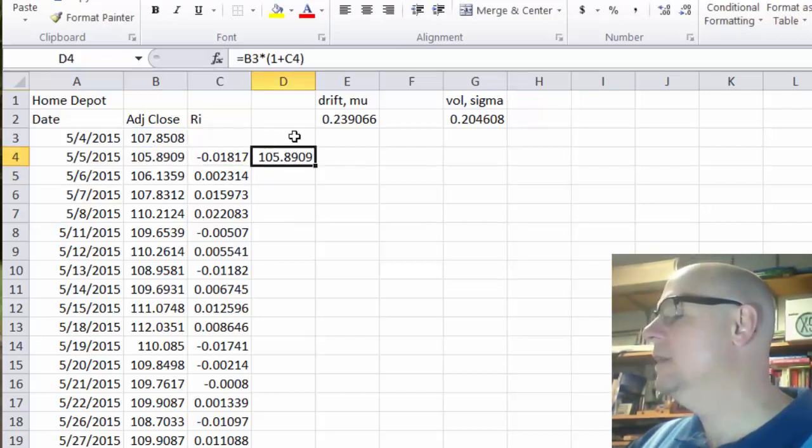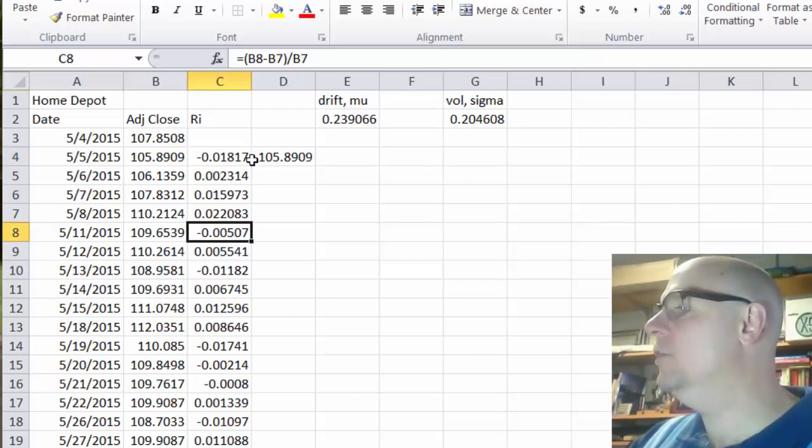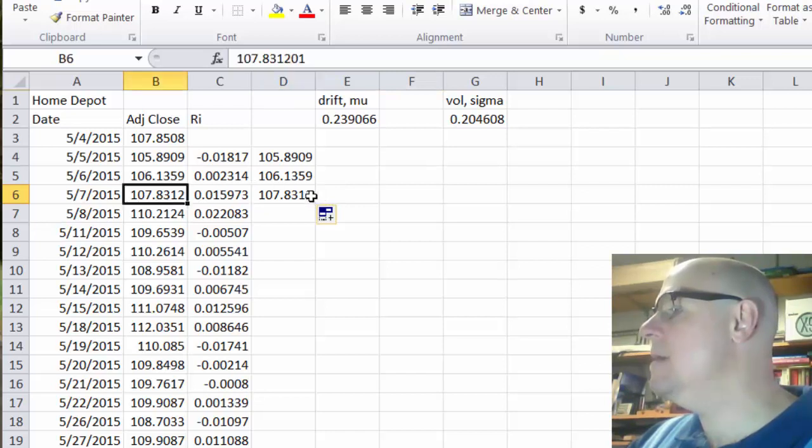And there's my 105. So if I could model these returns, then I could match the stock prices.